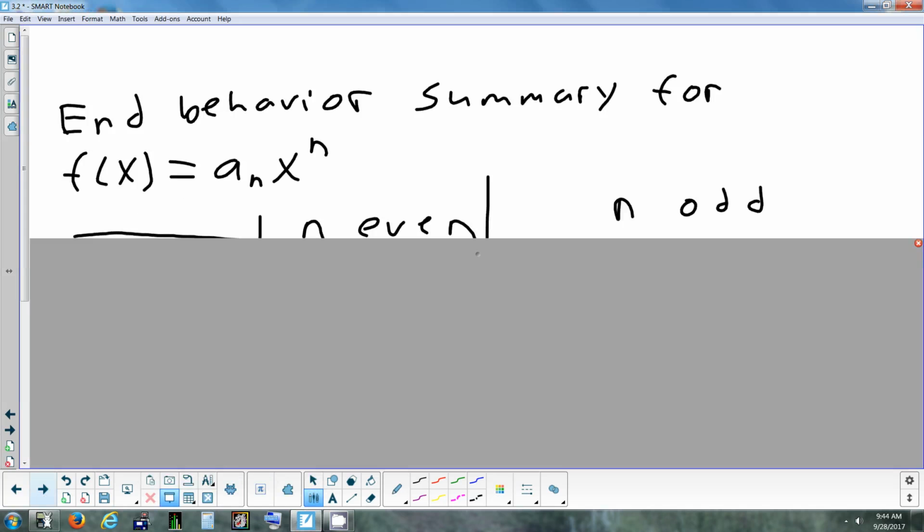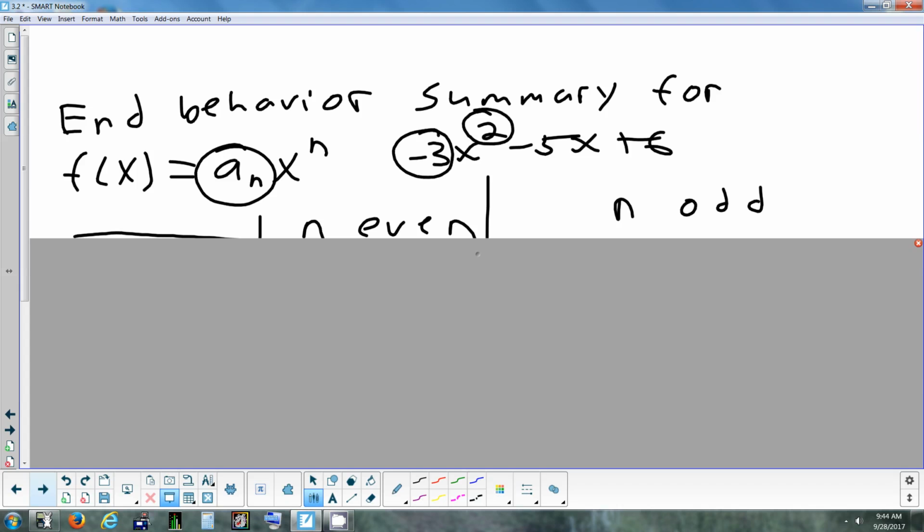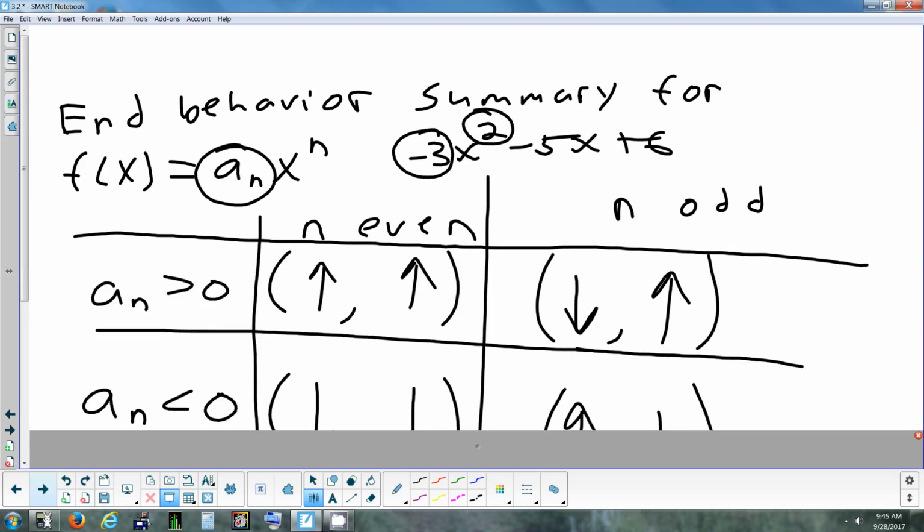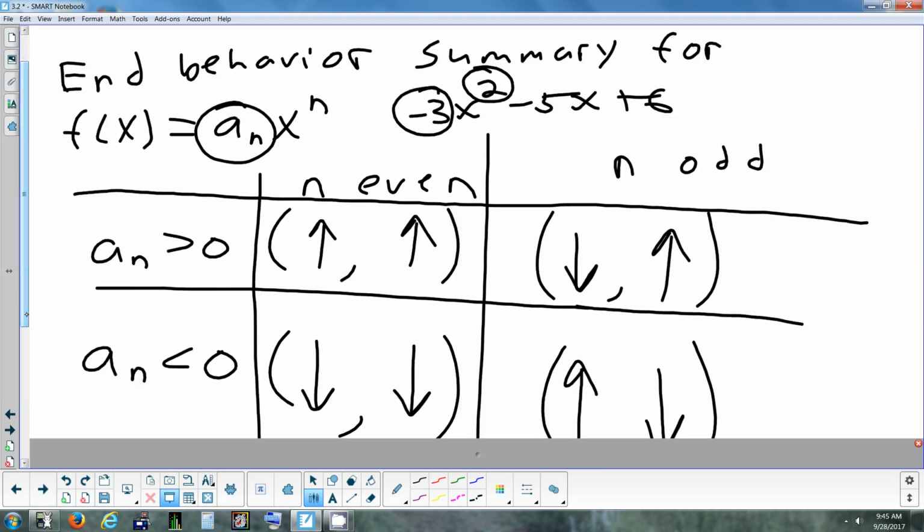So we can generalize it based on whether a polynomial is even or odd, and whether the leading coefficient is positive or negative. That tells you the end behavior. Anything else in the problem may cause little twists and turns, but if you want to know the end behavior of that thing I just wrote, all you have to do is look at those two things. Those are the only two things you need. So here's the chart.